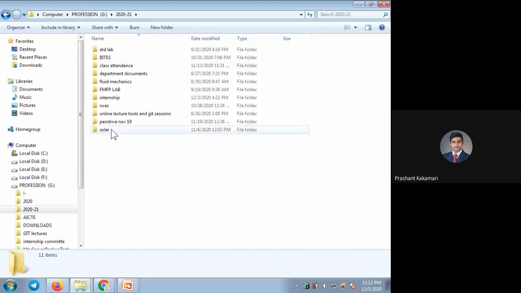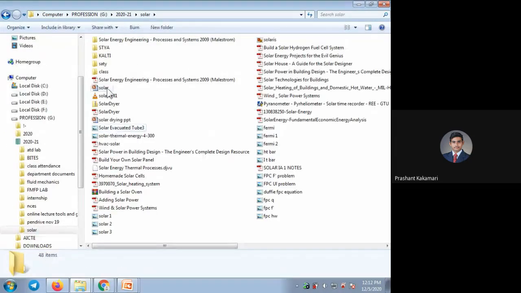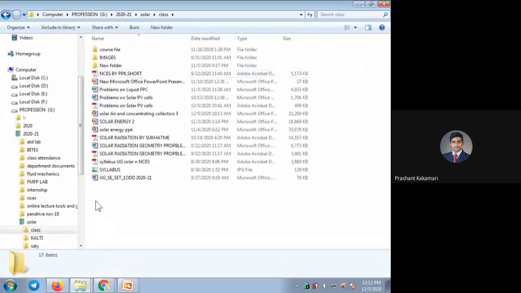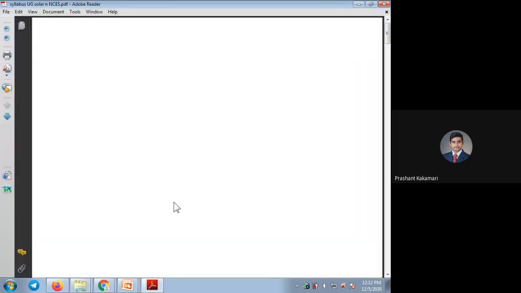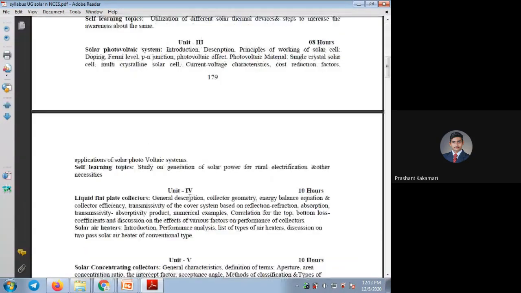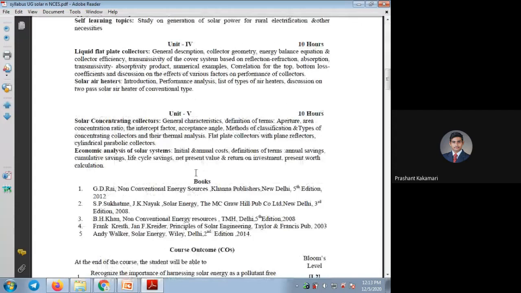Going back to the syllabus of solar energy, you can observe here. In the syllabus, we have discussed general characteristics and definition of terms. Yesterday we discussed concentration ratio, intercept factor, acceptance angle, and methods of classification and types, in the first class of this chapter.